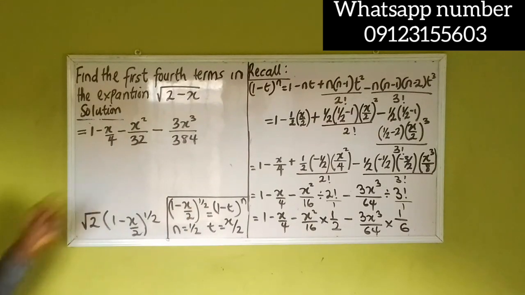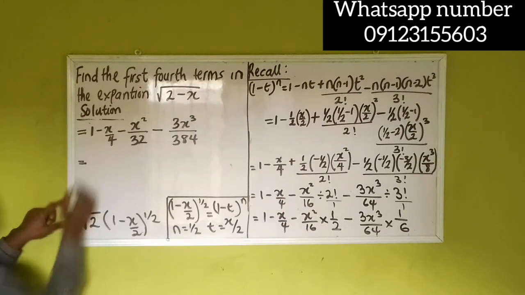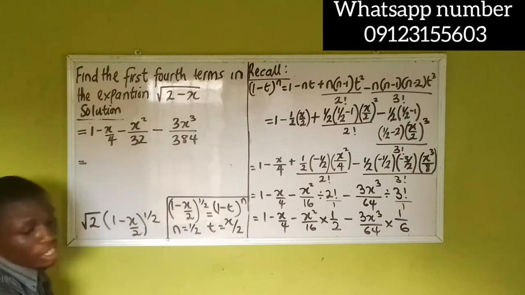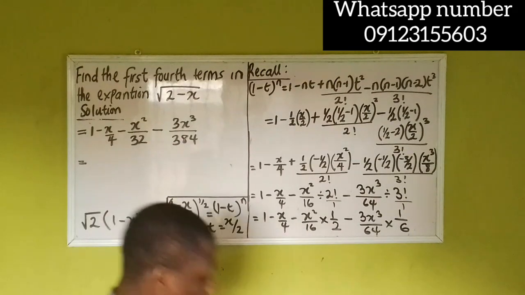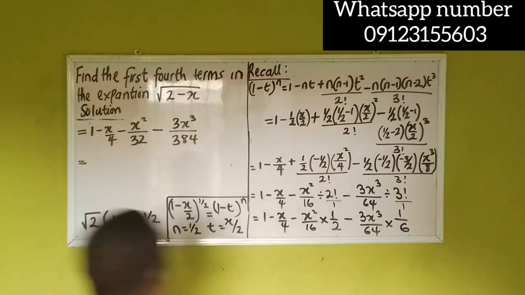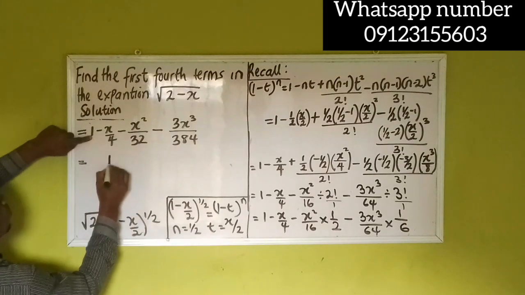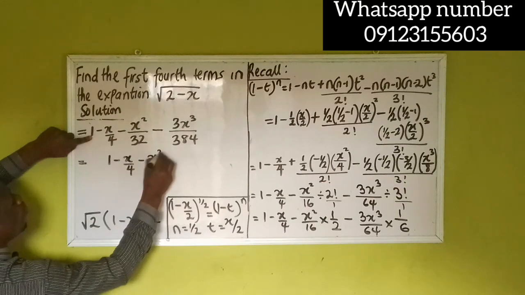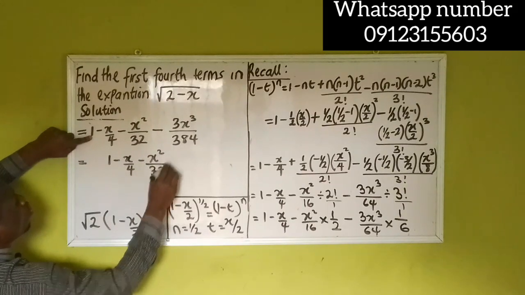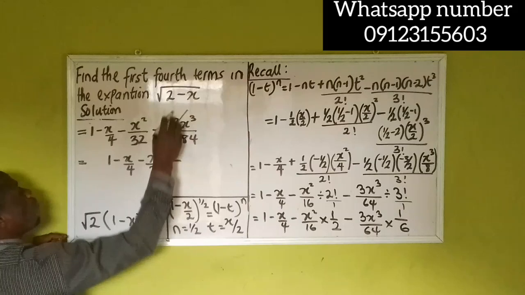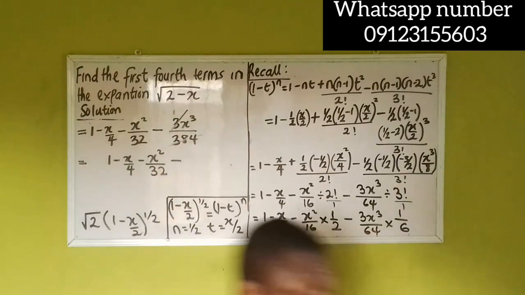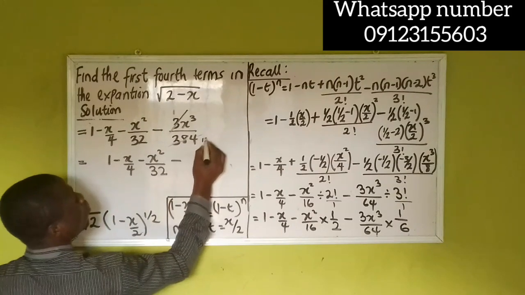64 times 6, I will have 384. Alright, at this stage, I can easily proceed. Note something please, this 3 can cancel out this, right? So if I divide that, I have 1 minus x over 4 minus x squared over 32 minus, 3 here, 1 is 1, 3 here we have 2, 1, 2, 8. 1, 2, 8.